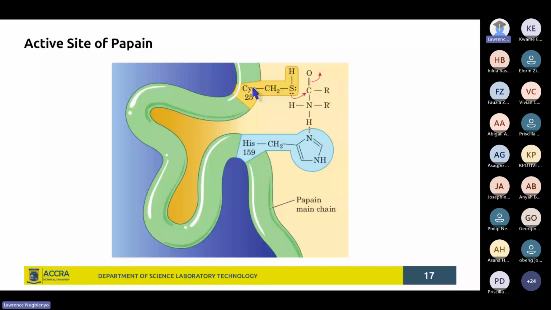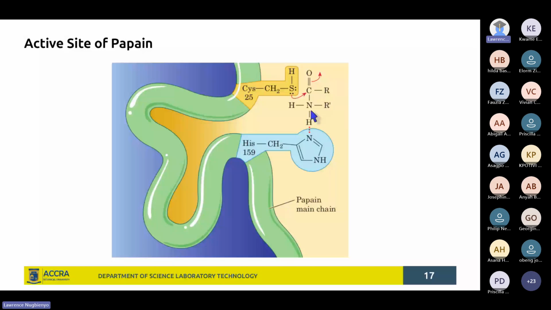And why is it so? Because of the protein's functional conformation, the functional structure is such that when the protein folds, these two amino acids come close. They are in close proximity such that they begin to have an interaction between themselves, so that when a protein enters into that pocket, what we are referring to as an active site, this protein is being depicted here as, say, if you take a protein, the protein is having a peptide bond.